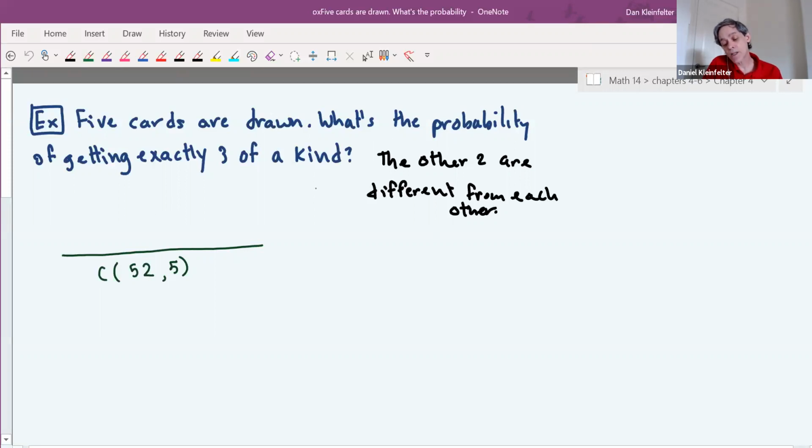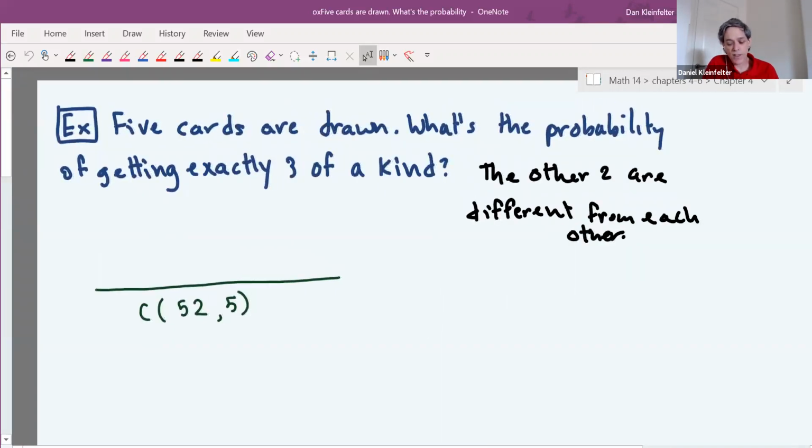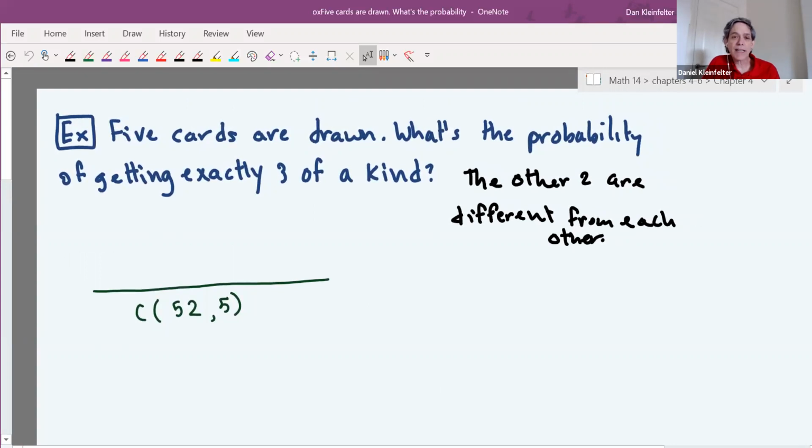Okay, so now we want to know the probability of getting exactly 3 of a kind. This is a little bit of a complicated question, so we need to break it down using the fundamental counting principle. When we say 3 of a kind, we should decide what that kind is going to be. Is it going to be 3 tens? 3 queens, 3 jacks, 3 aces, 3 fives? What will it be 3 of?